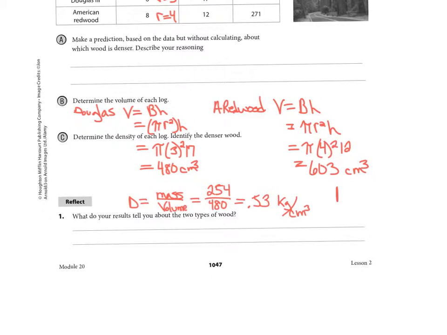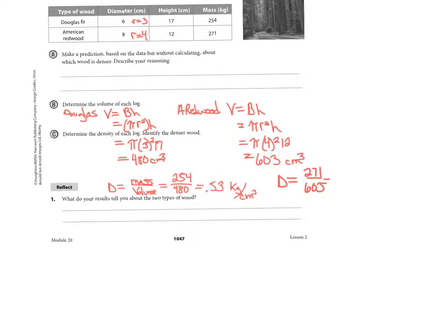And over here we get density equals 271 over 603, which is 0.449, which is about 0.5. And that's how you do that.